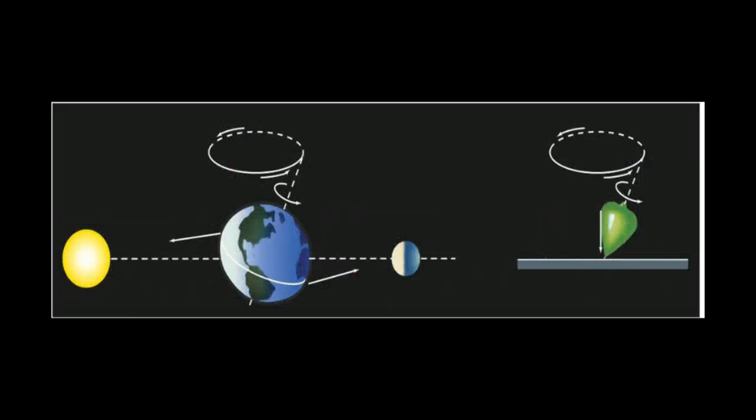Now, what do you think would happen to this precessional motion if the moon weren't there, if it never existed? By the way, great question. Calculations have shown that without the presence of the moon, the 23.5-degree tilt of the Earth's rotation axis would not be maintained.